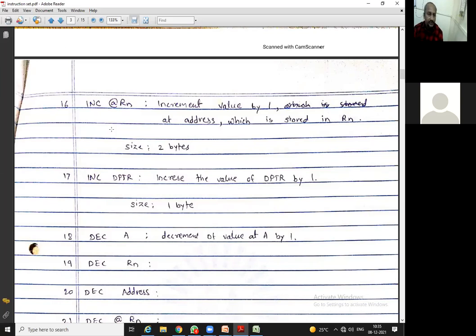And this is very important, that is INC DPTR, which is going to be used in interrupt programming and all that, or serial communication also. So that we are going to learn here. INC DPTR increases the value of DPTR by 1. So what is DPTR?